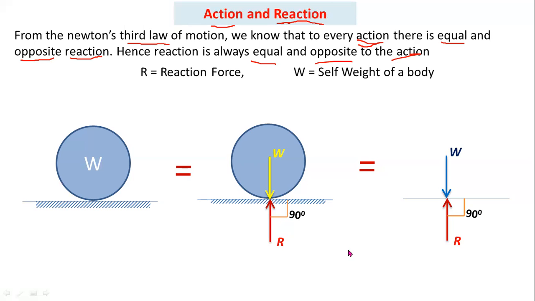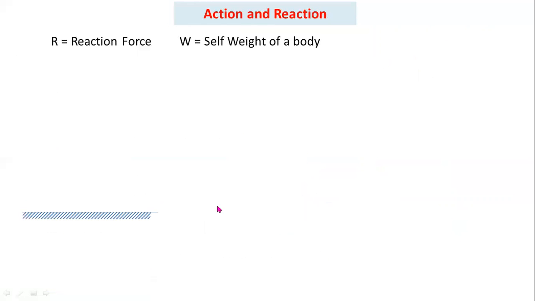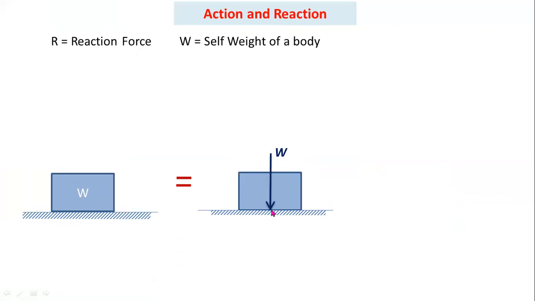So this is one simple case. Now there is another case. In the same way, if you place a rectangular block of weight W on a horizontal plane, the self weight of the block also acts vertically downwards. Then you have to consider an opposite reaction force capital R perpendicular to the support.